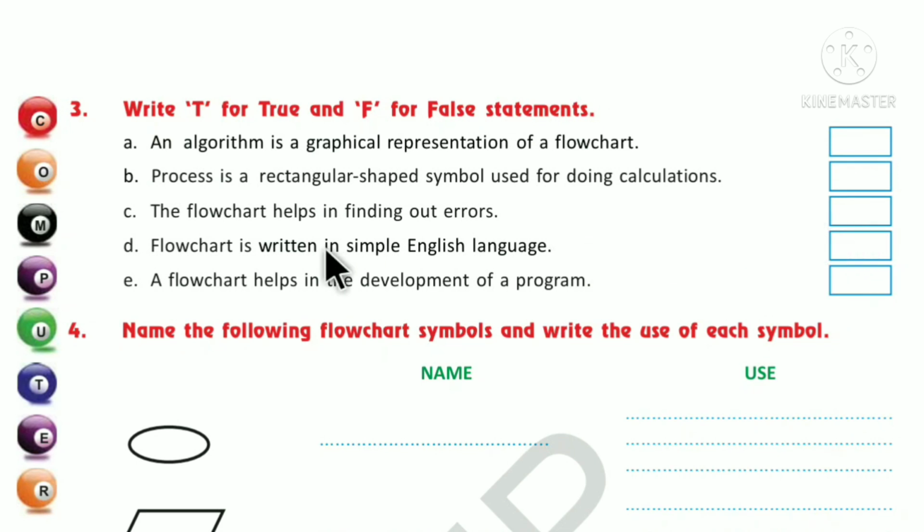T. Now D. Flowchart is written in simple English language. Yes, that is true. T. Now E. A flowchart helps in the development of a program. Yes, that is true. Now see the answers.